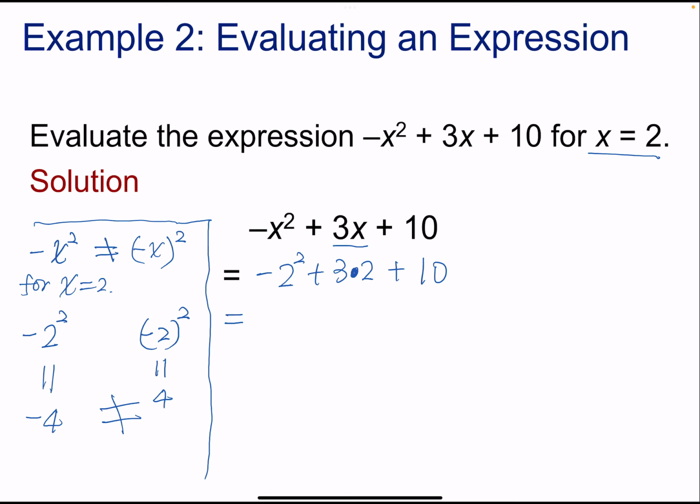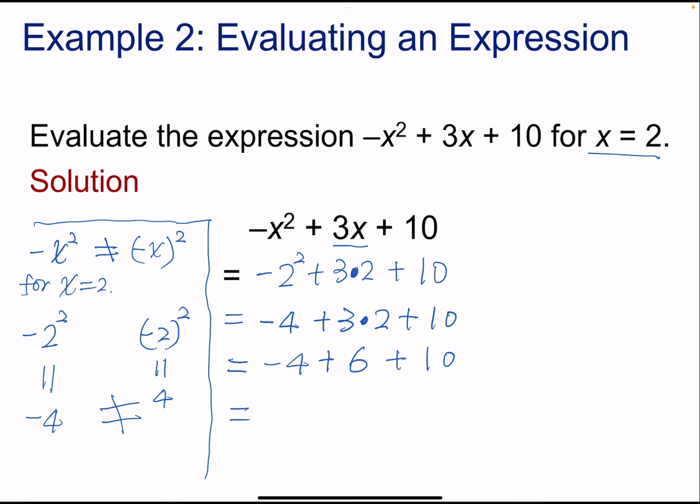So equals, again, we calculate the exponential first, so 2 squared is 4, negative 4 plus 3 times 2 plus 10. Next, we calculate multiplication first because multiplication has higher precedence of operations. So 3 times 2, that's 6, plus 10.